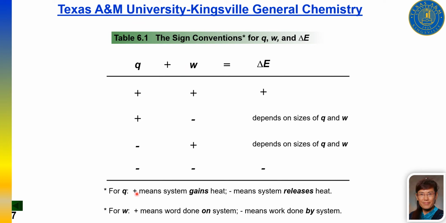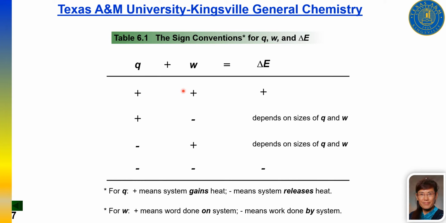If you have a plus sign for Q, the system gains heat. Similarly, if W is positive, the work has been done onto the system. On the other hand, a negative sign means the system releases heat to the surroundings, loses heat.